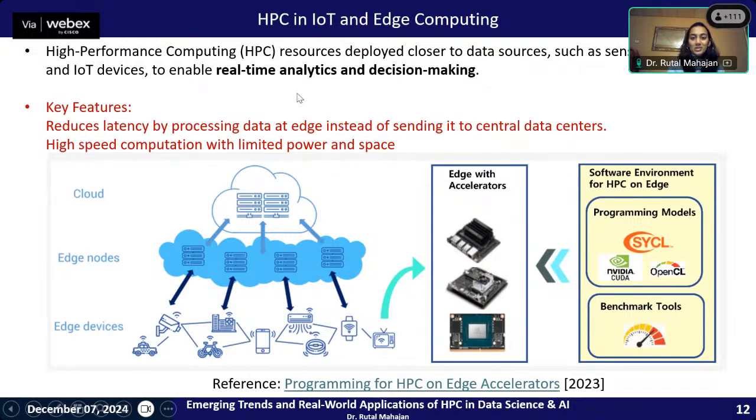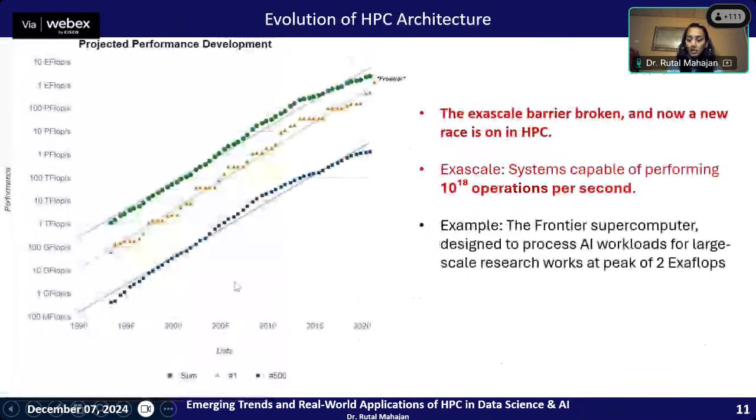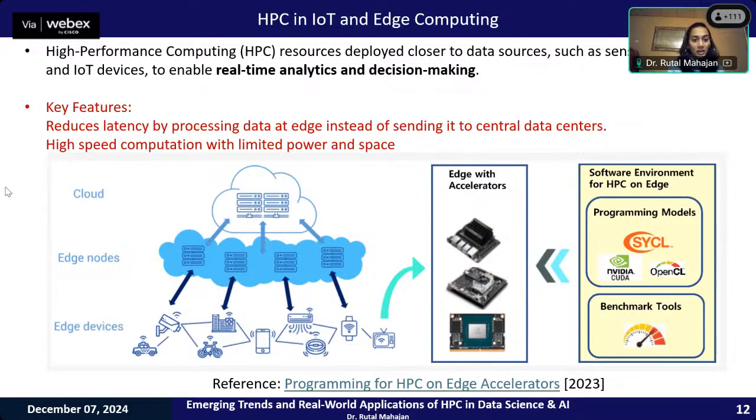These smart systems gather data from various sensors. The sensors are generating or collecting tremendous amounts of data. That data we are actually not sending to centralized servers, just to reduce the latency by processing the data at the edge.